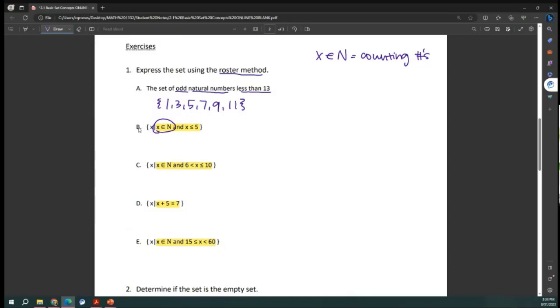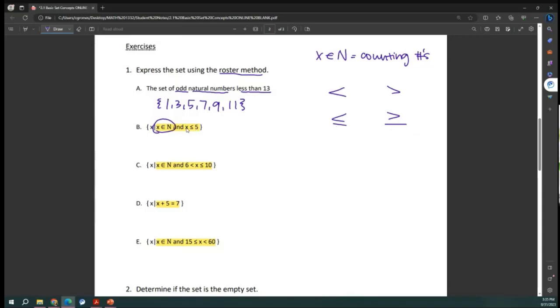All right. On B, it says that we are still looking at our natural numbers, and we have that X is less than or equal to 5. Does everybody remember what less than or equal to, greater than, and then greater than or equal to mean? So anytime we have less than or greater than, we are not including that number. Whenever we have less than or equal to or greater than or equal to, we do include that number.